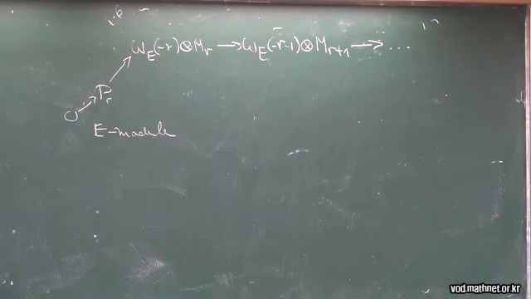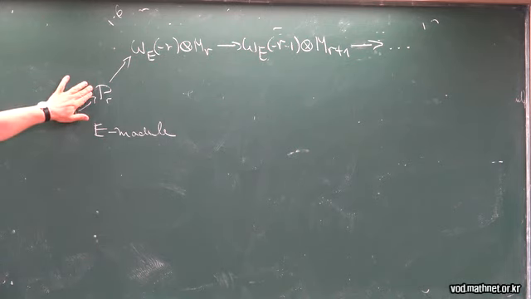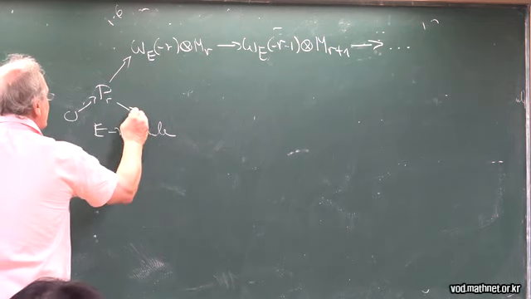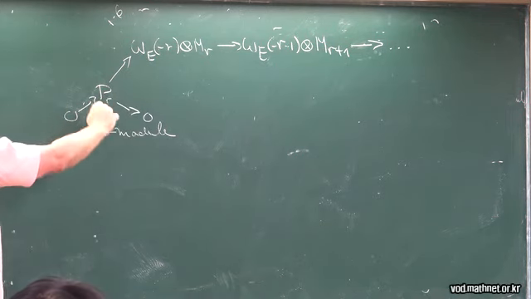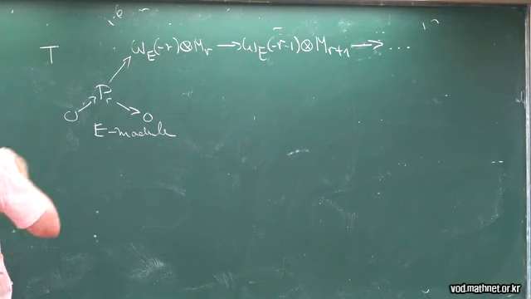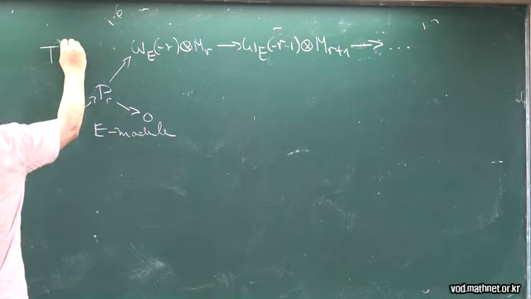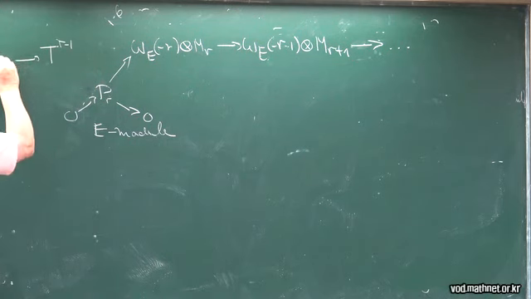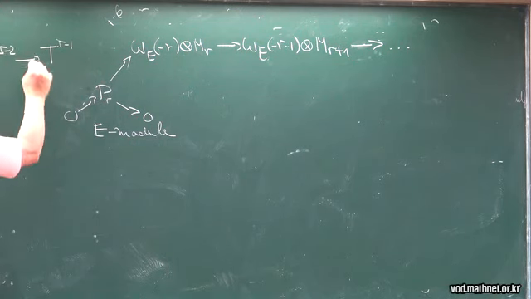So, to come to the definition of the Tate resolution, we now take this E module and resolve it projectively. So we have here a free module T_r, then T_{r-1}, T_{r-2}, and so on.